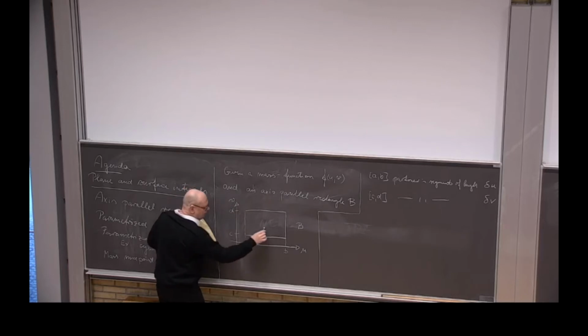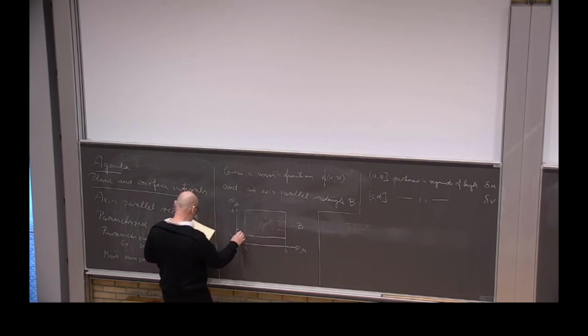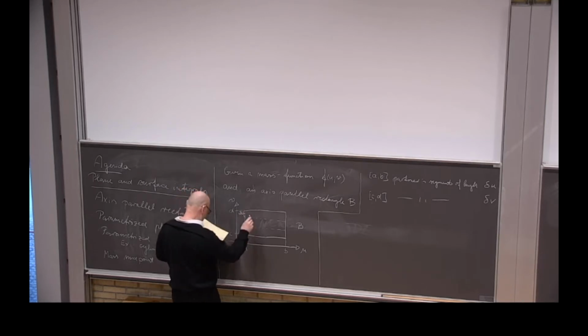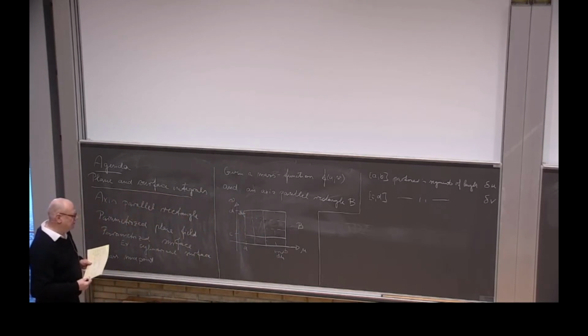So let me give you an example of this. So this is then your delta v here, this distance. And then I partition similarly this in segments of equal lengths.